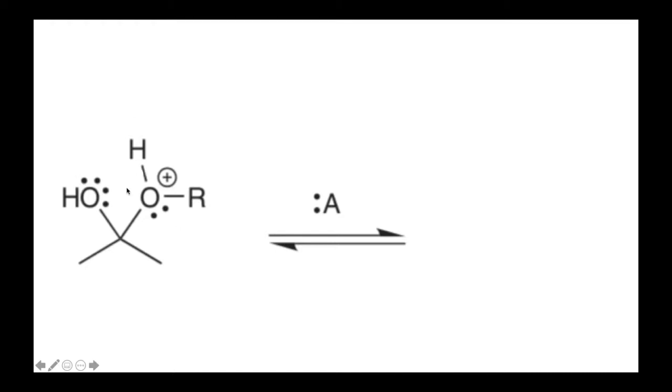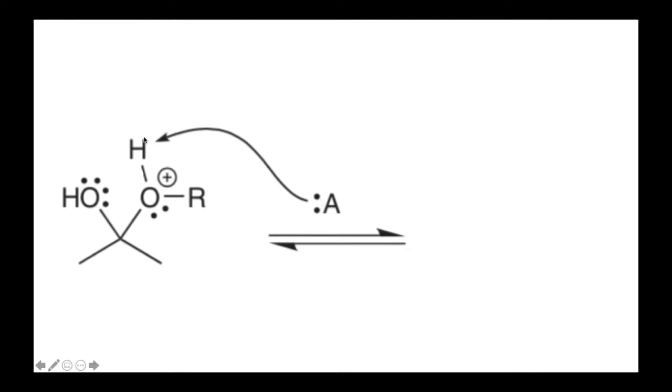Here on the left-hand side, I have my hemiacetal. What's going to happen is I am now going to have a base in solution. The base is that same acid that we used at the beginning. The same acid that activated our carbonyl group now is a conjugate base, A-.